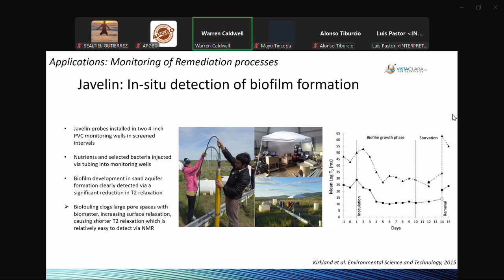Biofilms or biofouling can be used to block pores and impede water flow, and that can be measured by NMR because the pores are smaller, the T2 distribution is shorter, and that was exactly what was detected in this project.